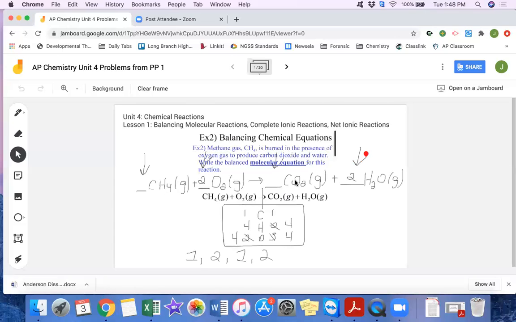If there's no coefficient in front, like methane, we didn't put a number because we didn't need to, it's just a 1. So we have 1 from methane, 2 from oxygen, 1 from carbon dioxide, and 2 from water. So the coefficients that balance this equation are 1, 2, 1, and 2. Now in the example problems on the worksheets, you can use this method and balance every single one of those equations.